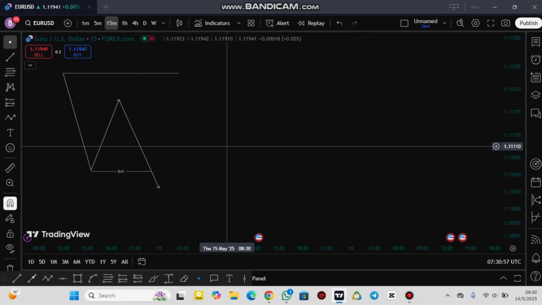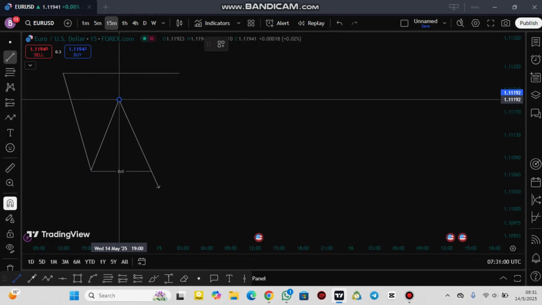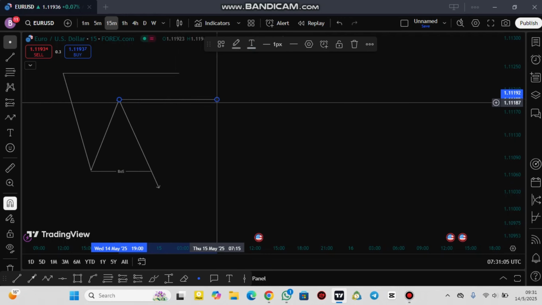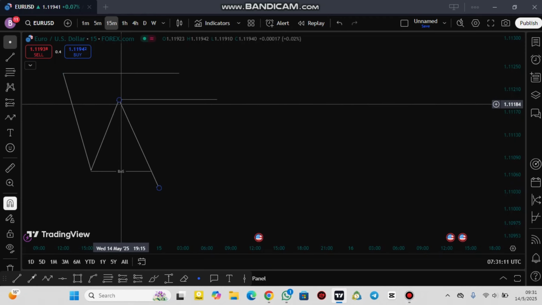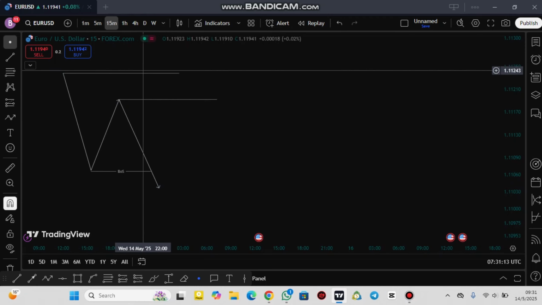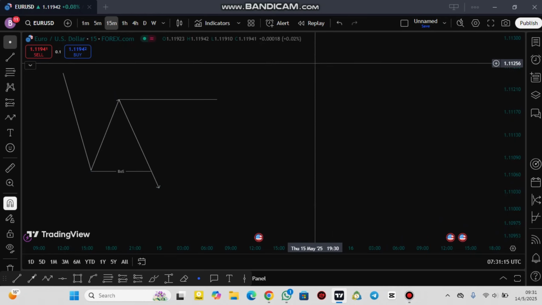And price also creates a new lower high, right? Why? Because this high is lower than this high. So this becomes our new lower high.